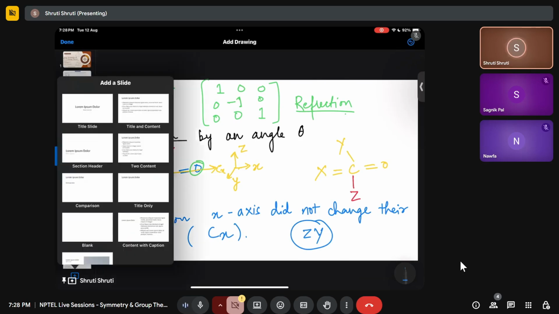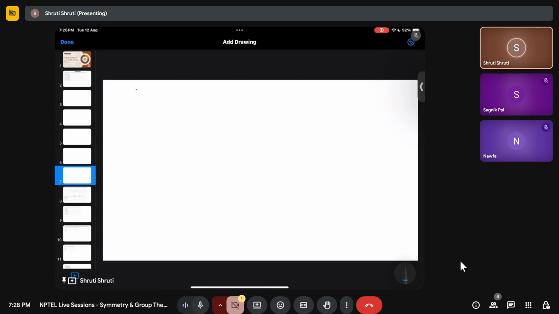If it is simple 180-degree rotation, we can write 180-degree rotation means C2 and along x-axis. So C2x. So we have to change y and z, change these two. So you just put -1 here, keep this 1 here.